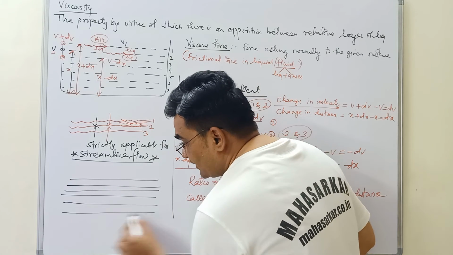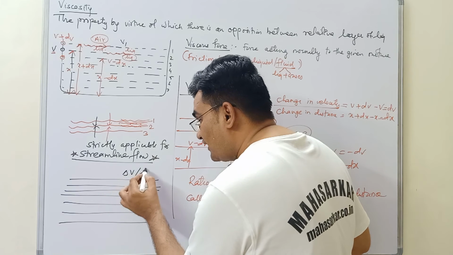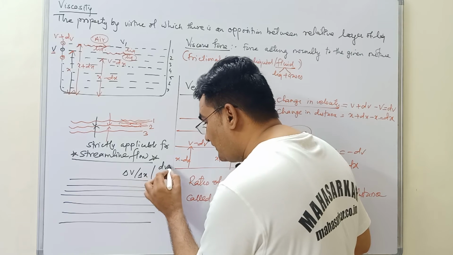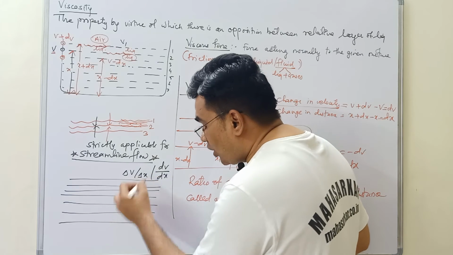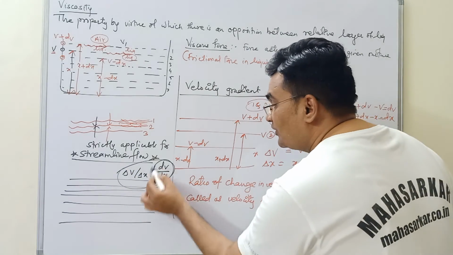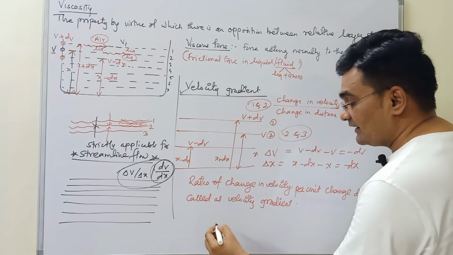Okay. So for every given fluid, for all the different layers, if these are the layers which are moving with different velocities, but for all the layers, delta v per unit delta x, or you can write dv upon dx, for all the consecutive layers is always what? Constant, and this constant value for that given liquid or given fluid is called what? Velocity gradient.